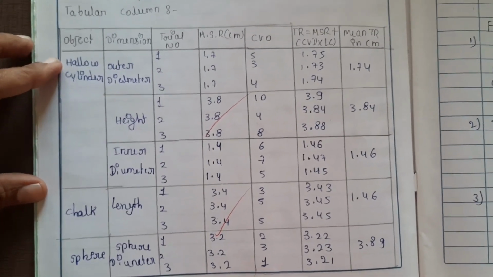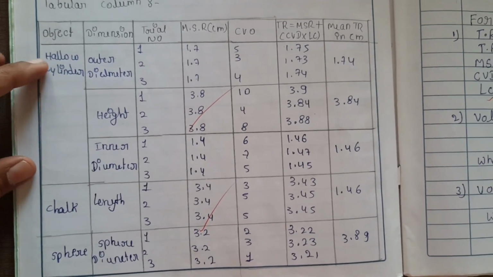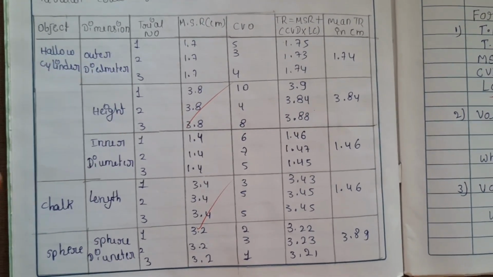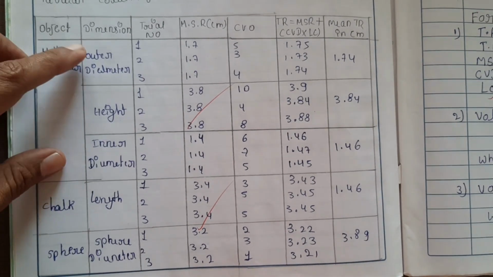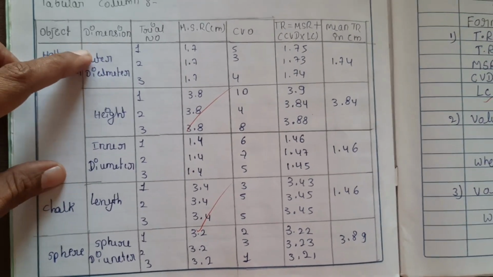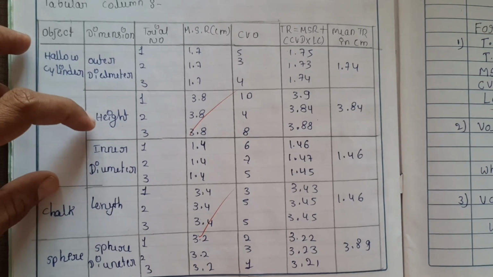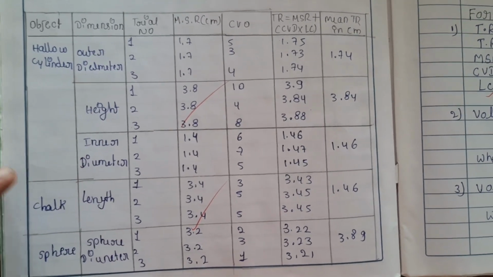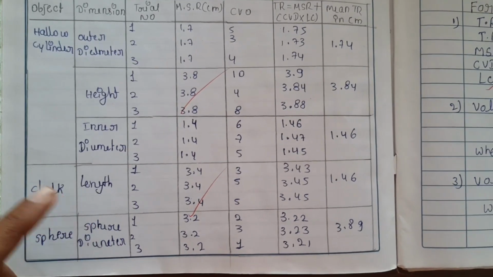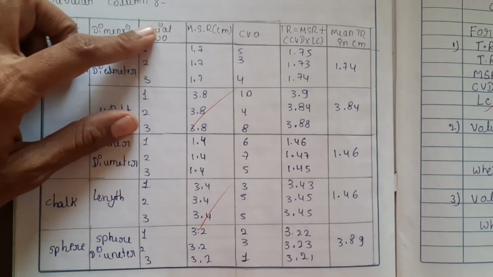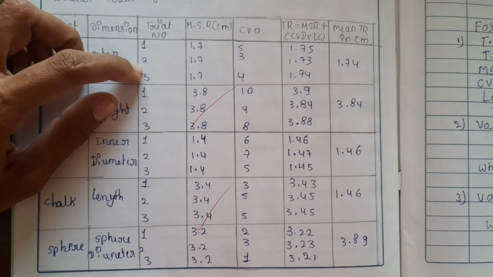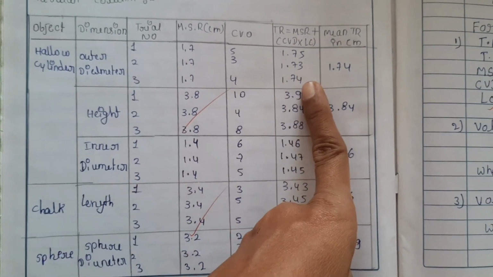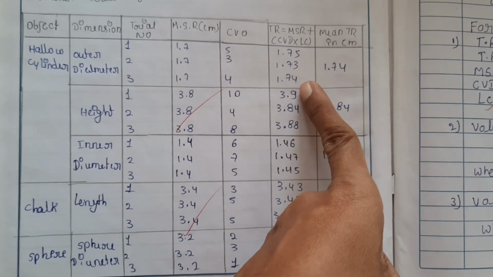Like that you can measure any given material, like a hollow cylinder, chalk or sphere. You can take any material and measure the diameter or length: outer diameter, height, inner diameter. For chalk, you can measure length or diameter, and you can also measure a sphere. So you have to take 3 trials, 1, 2, 3, calculate the total reading with MSR and CVD, and take the mean of these 3 values.